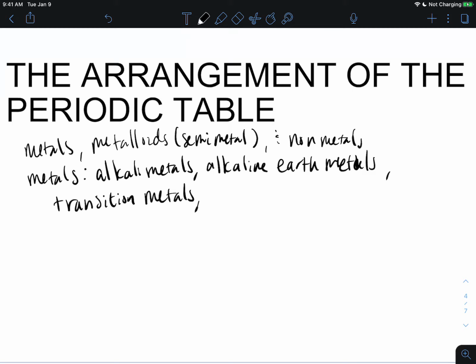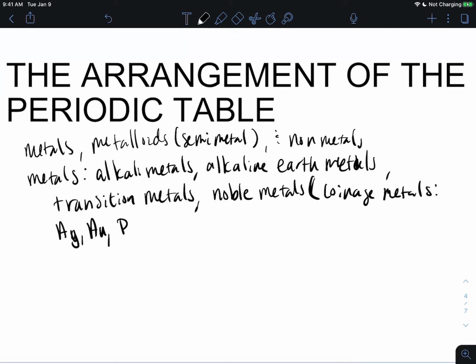Within our transition metals, we have coinage metals or noble metals, and they're coinage metals because they are the metals that coins are made out of. So they include silver, gold, and platinum.